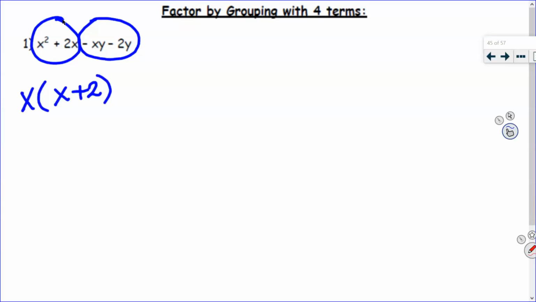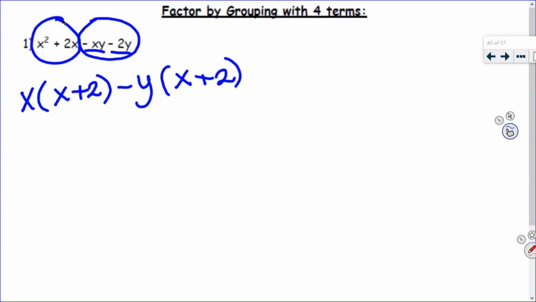And then what about the next 2 terms? What do they both share? A negative y. And I like how you said negative also, because when we factor out a negative, then that first term turns positive and that second term turns positive.